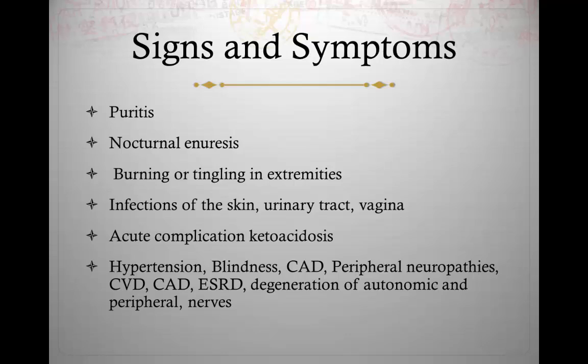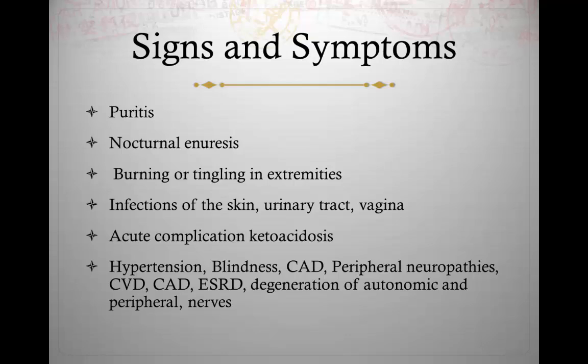Other symptoms: because it's an osmotic diuresis and there's an increase of GFR at night, you get nocturnal enuresis. You could get pruritus due to hyperglycemia, hypertonicity at the level of the skin, and dryness of the skin as well. Burning or tingling sensation in the extremities due to neuropathies.